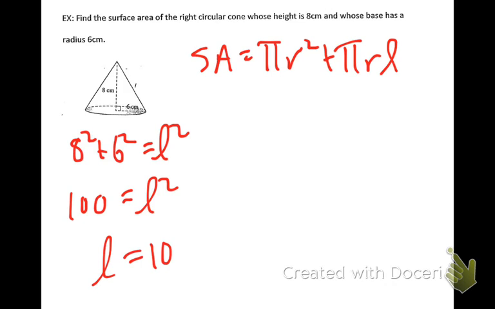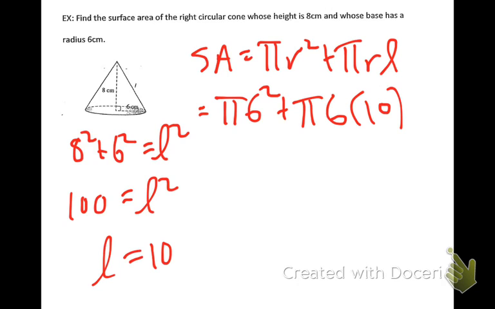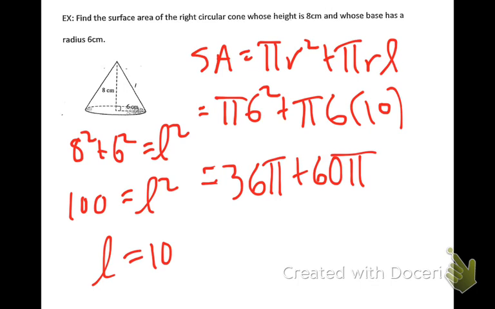Now we can plug in, so we'd have pi 6 squared plus pi 6 times 10. And so that's going to equal 36 pi plus 60 pi, which is equal to 96 pi centimeters squared.